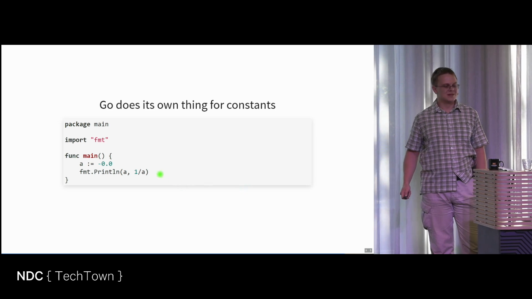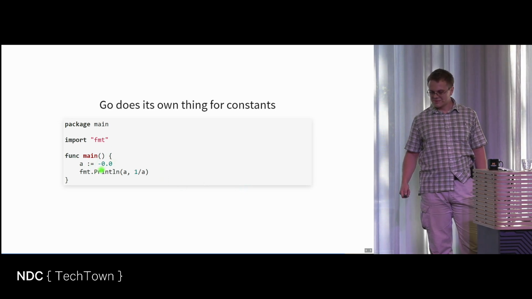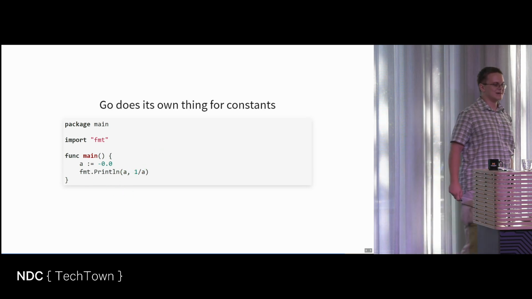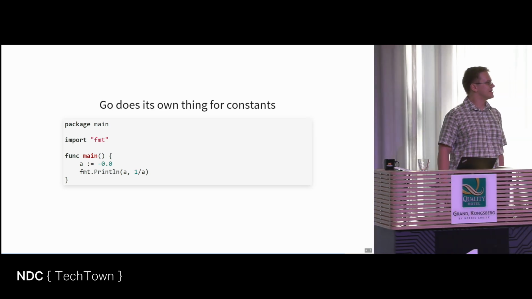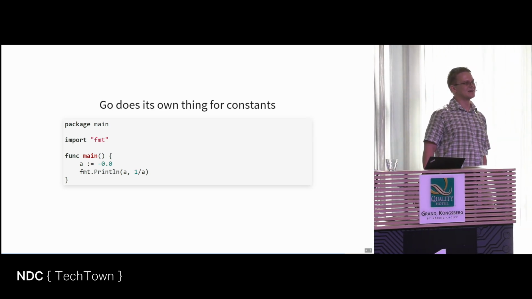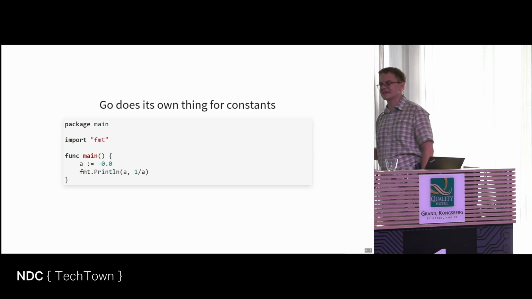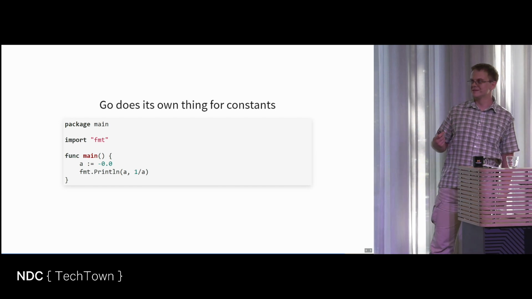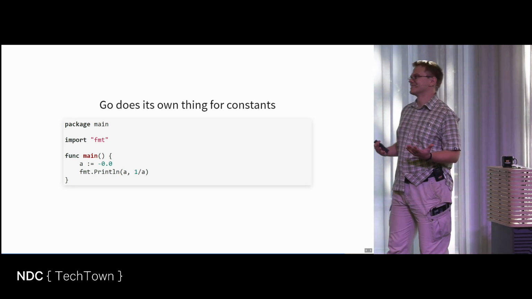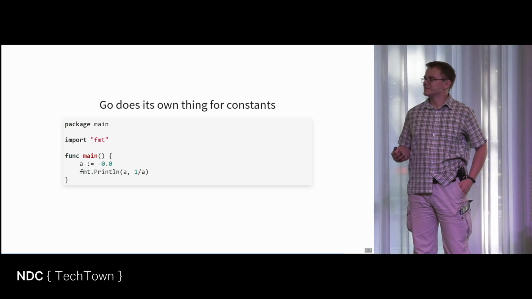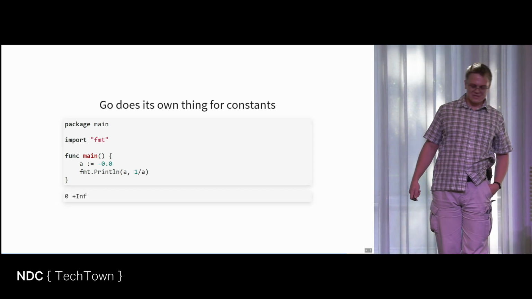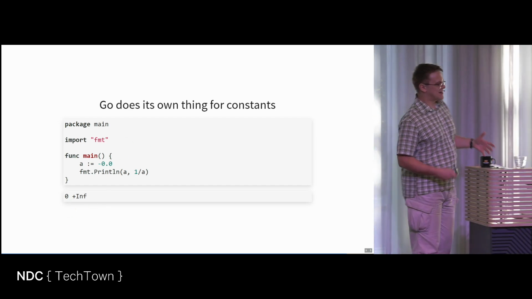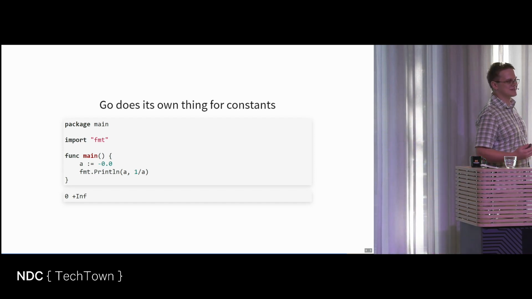What should this print? We set a to minus 0.0. We want to print a and 1 divided by a. What it should print is obvious: minus 0 and minus infinity, right? So what does it print, is the better question. Well, it prints positive 0 and plus infinity. Why? Because in perfect math, there is no negative 0.